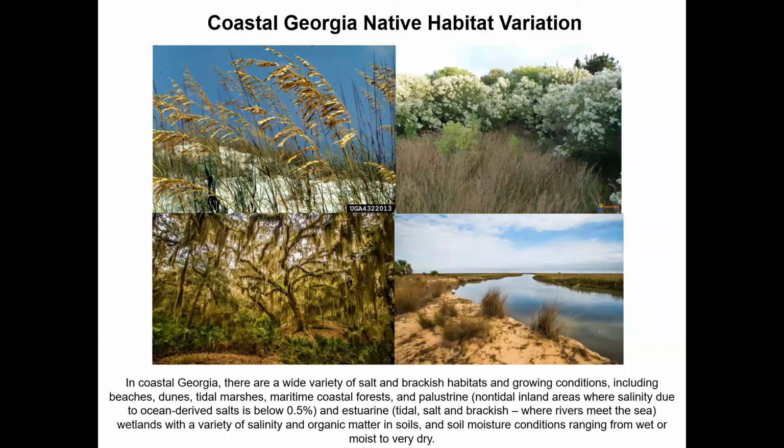We also have both palustrine and estuarine wetlands that serve a very important role in flood retention and wildlife habitat and other things. But amongst these different varieties of our coastal Georgia habitats, you also get a variety of salinity and organic matter in soils, and how much soil moisture there is in that particular habitat. So we can get from extremely wet to extremely dry conditions.